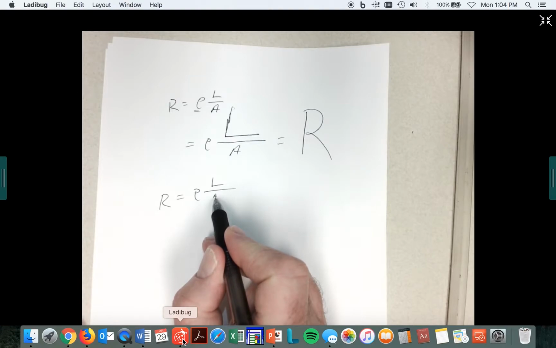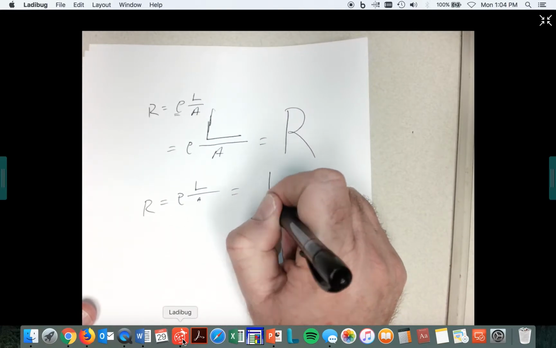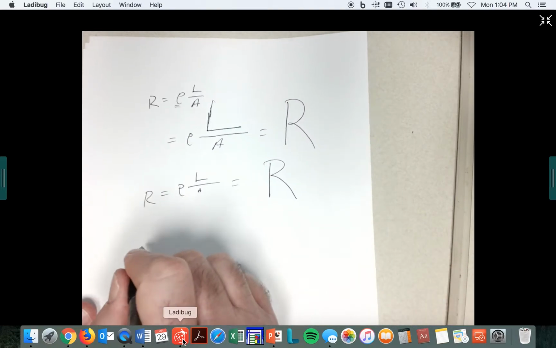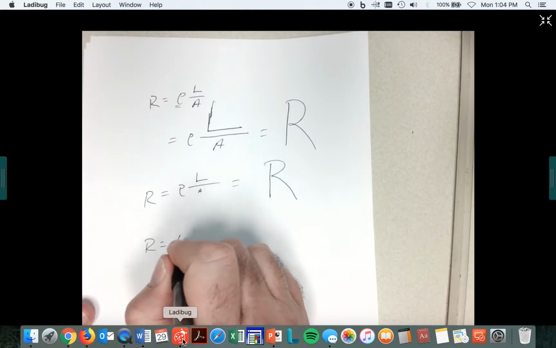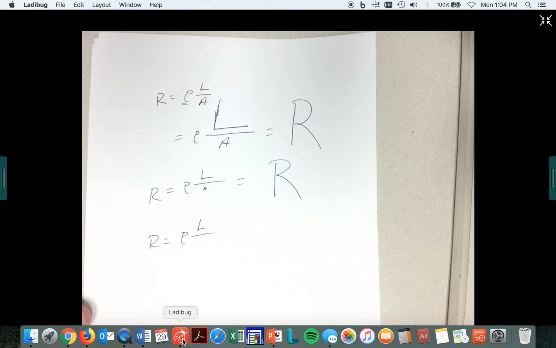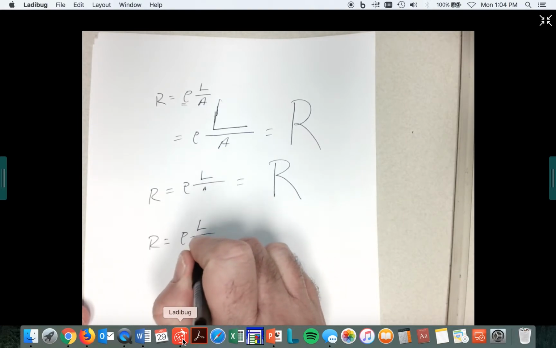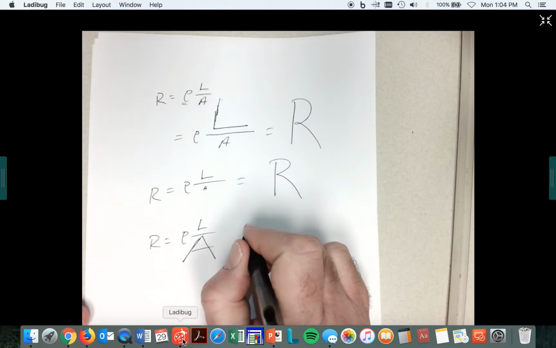Small opening, I don't want to go in there. Resistance gets huge again. On the other hand, with the same length and a big area, the resistance goes down.